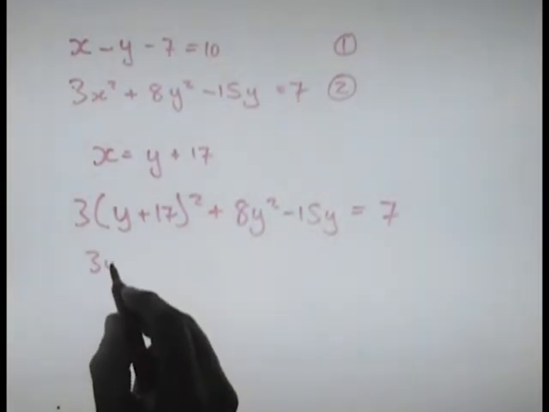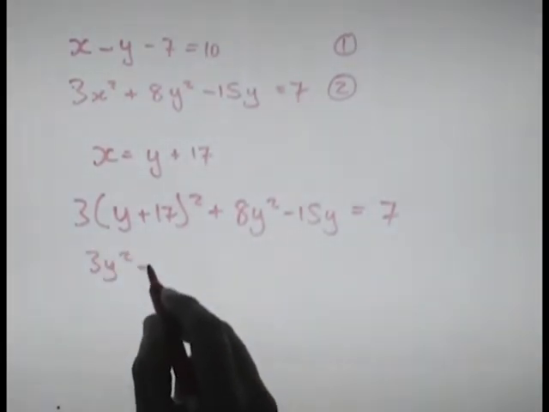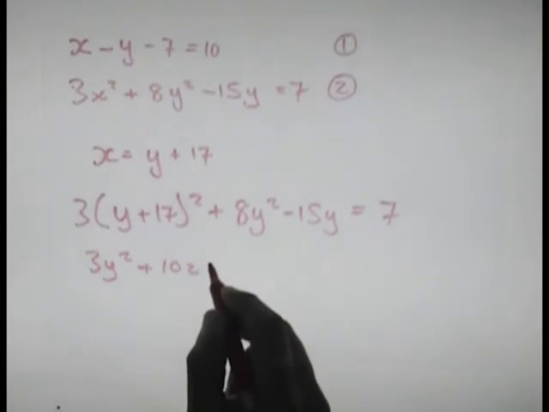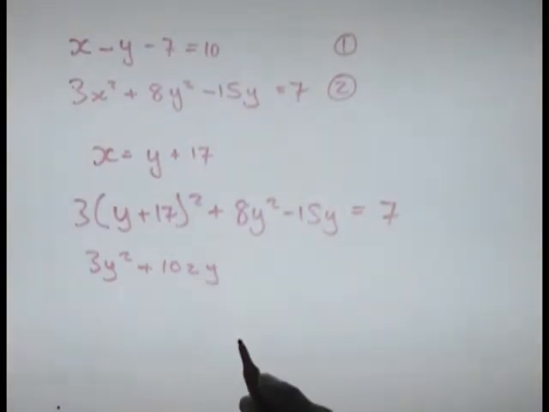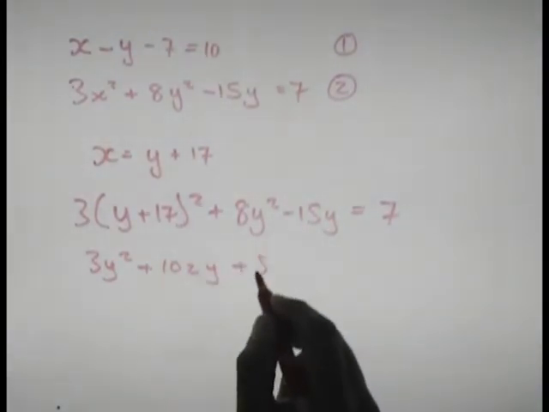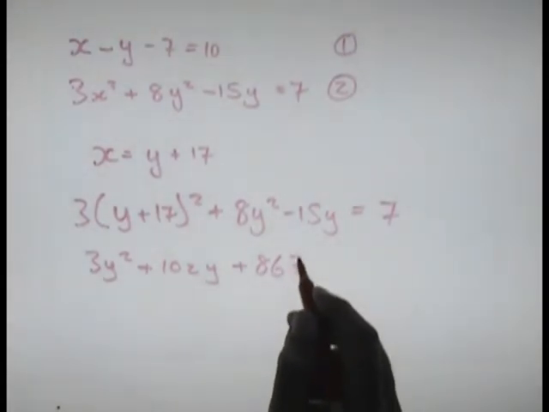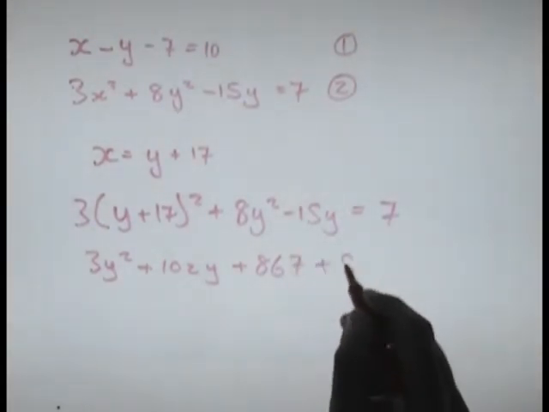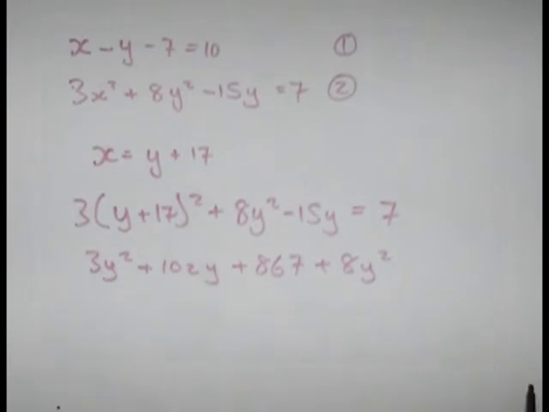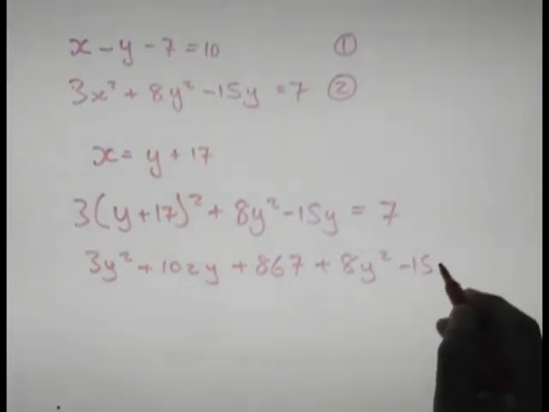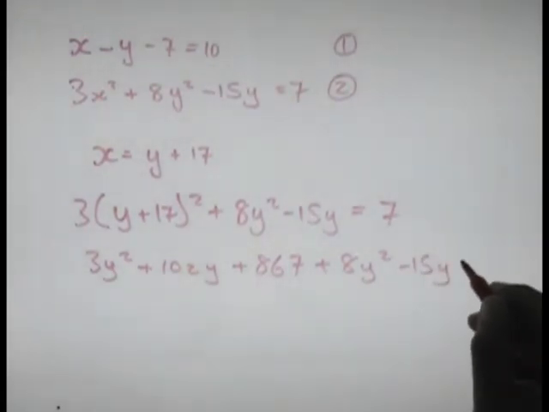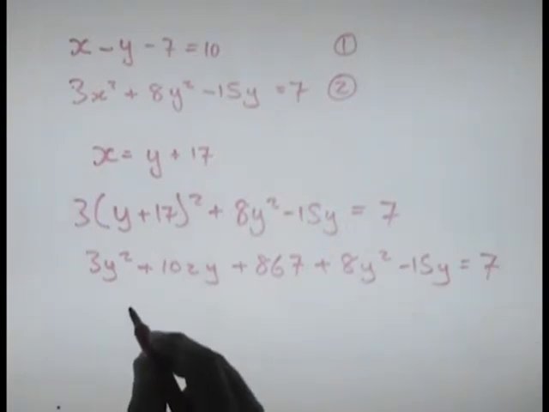That means that 3y squared plus 102y plus 867 plus 8y squared minus 15y is equal to 7.